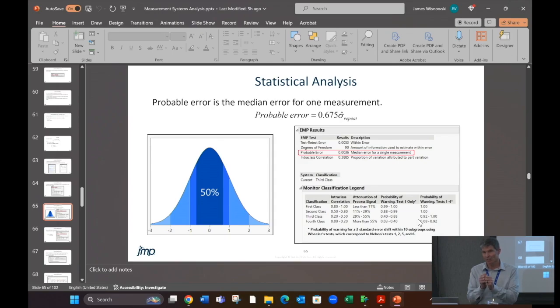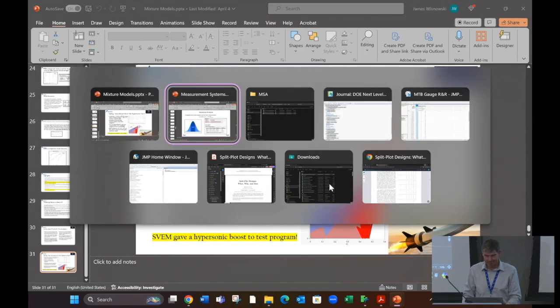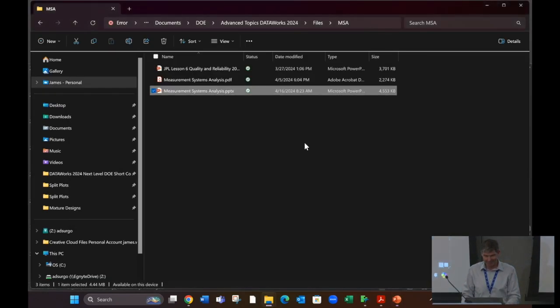What I mean by that is, are you measuring too many decimal places, or do you not have enough decimal places accuracy? So you're able to tell that through these gauge R&R studies. MSA. Highly recommended. And a lot of folks should be doing it that aren't. It's kind of surprising.